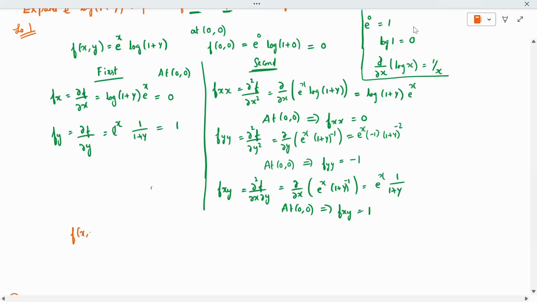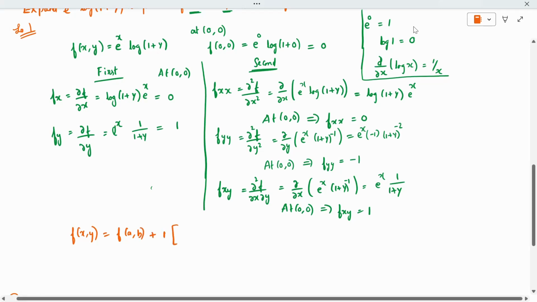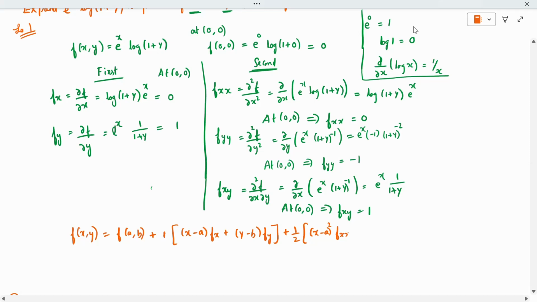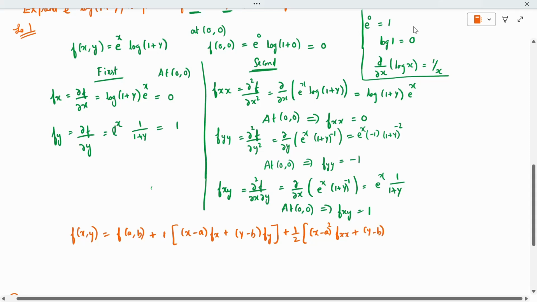F of x comma y is nothing but f of a comma b, plus 1 into (x minus a) fx plus (y minus b) into fy, plus 1 by 2 into (x minus a) the whole square into fxx plus (y minus b) the whole square fyy plus 2 into (x minus a)(y minus b) into fxy plus etc. Now when I substitute a equal to 0, b equal to 0, that you remember when you write it.